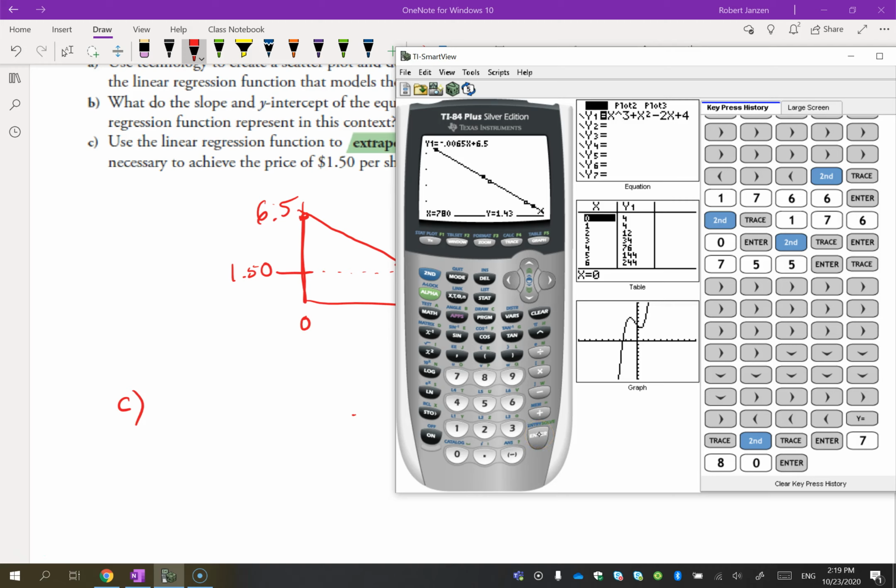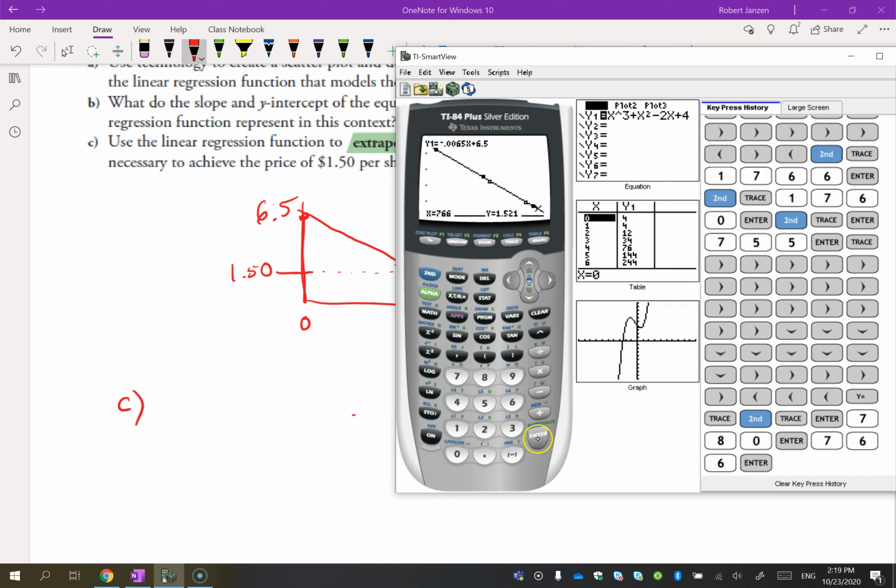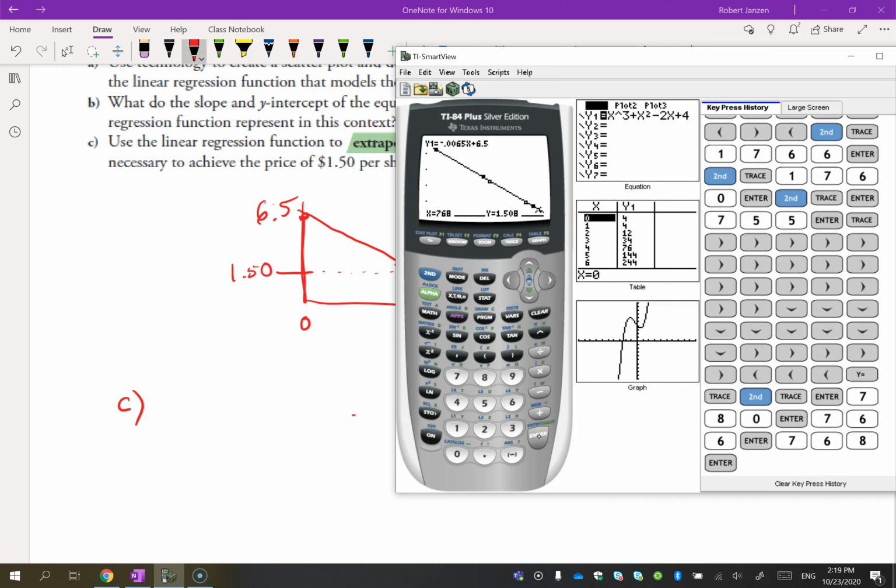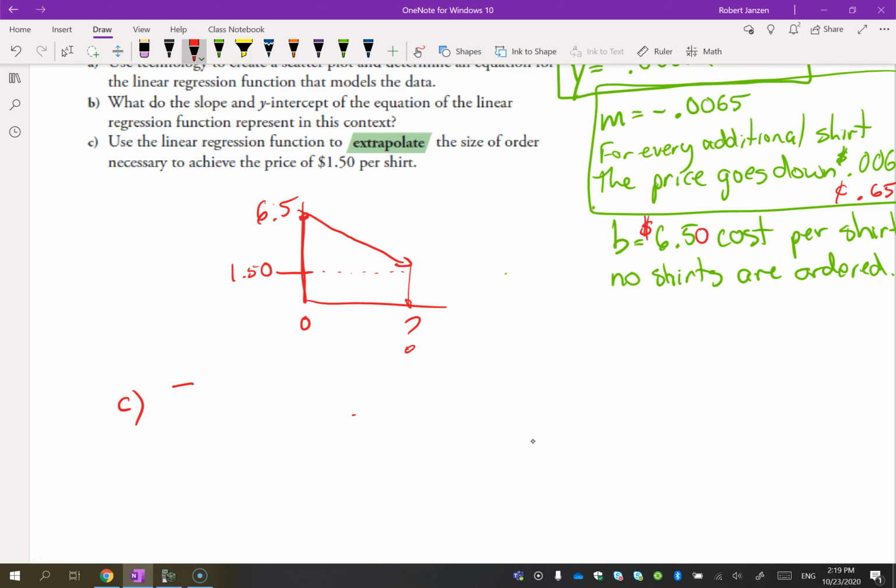Okay, that's not good enough. So 768. That's pretty close. 769. That's pretty close. Let's say 769 shirts. Okay, so you're going to play around with it to try to figure out what your answer is.